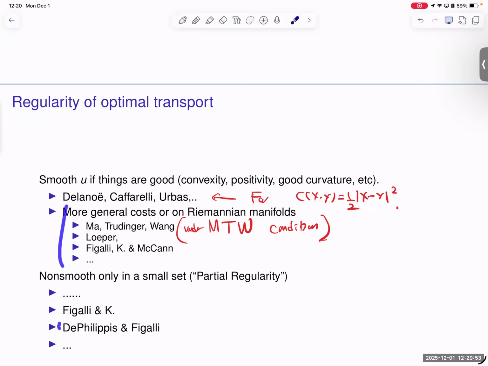Under such a condition, we have some theory. So we have regularity of OT mappings. If you are interested in this direction, there are several survey papers. I wrote one, but also Figalli wrote one, and McCann wrote one.